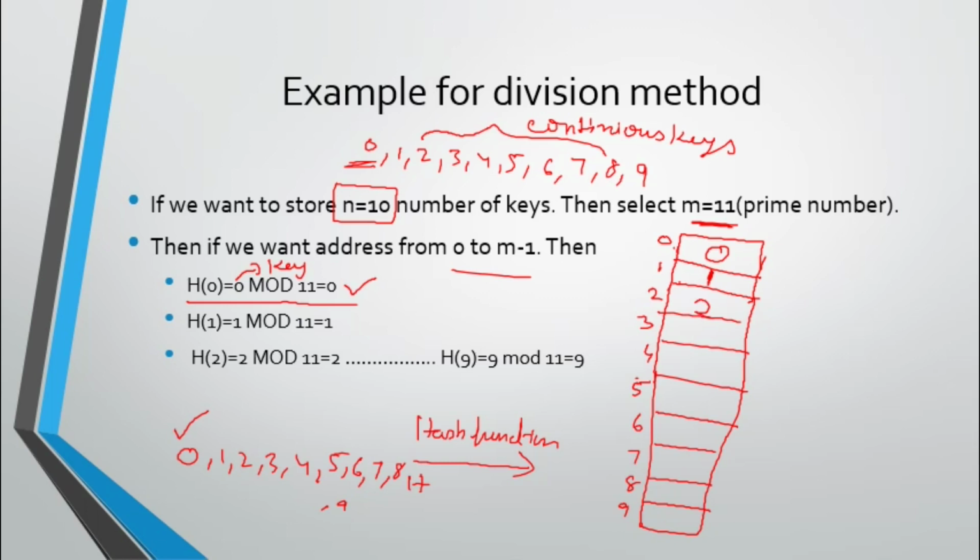Let me change the numbers here so that you will better understand. I will add some other numbers. So you understood how we store in the buckets. Now what are these things?